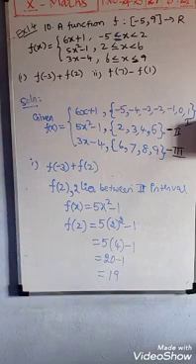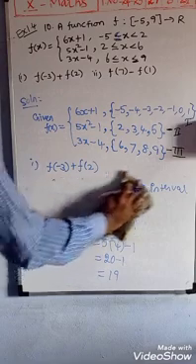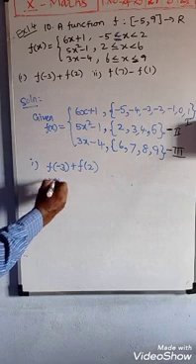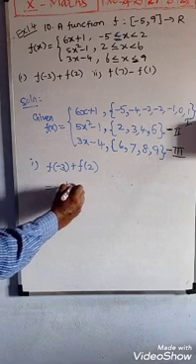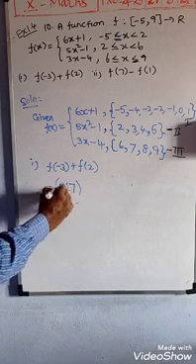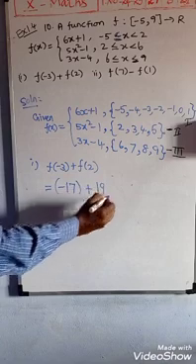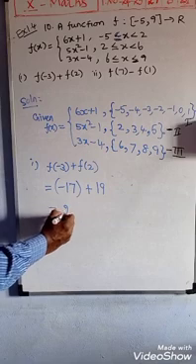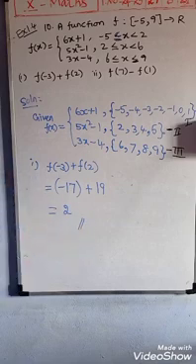So both values we received. f of minus 3 is minus 17 plus f of 2 is 19. Now add these: 19, 17 is given, remaining 2. So 2 is the answer.